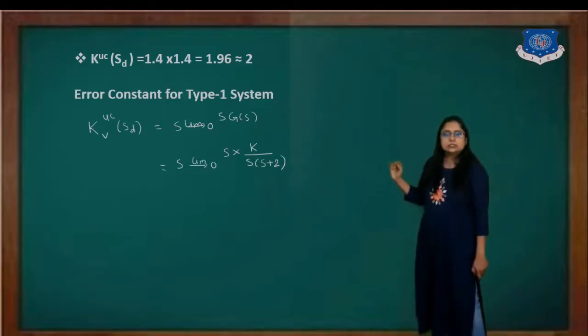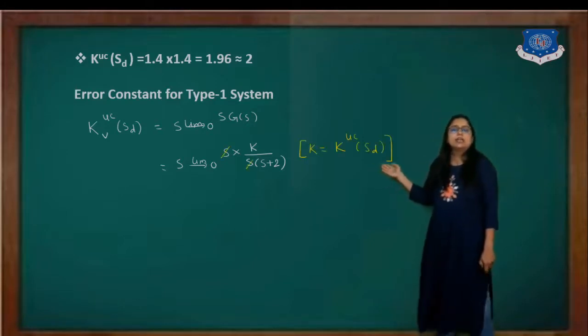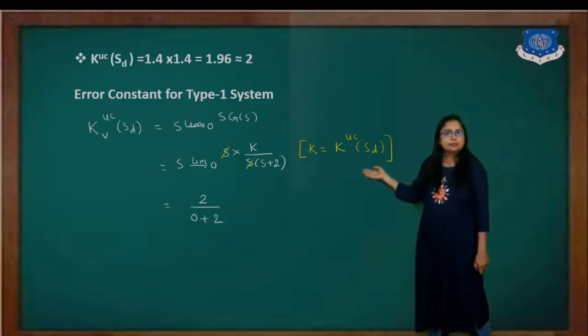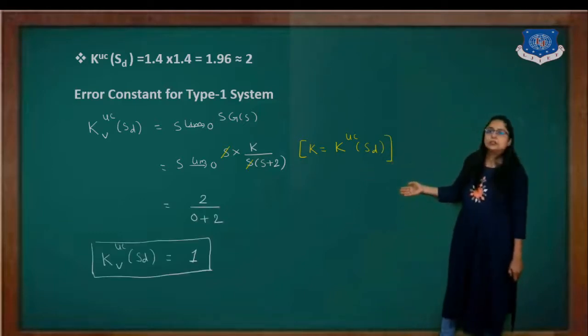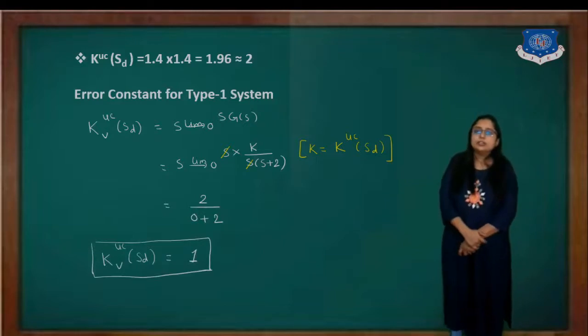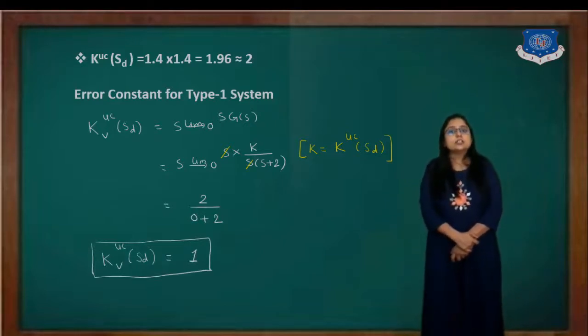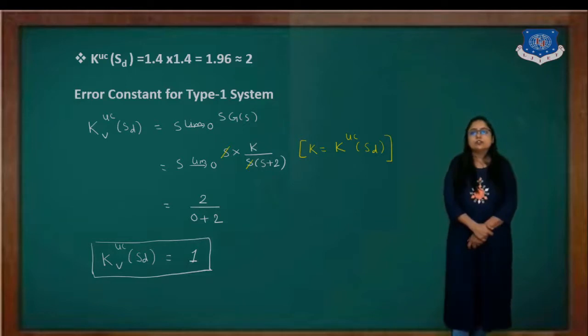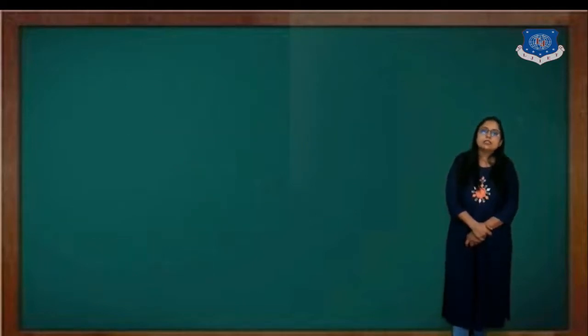Now S cancels, and if you substitute S equal to 0 and K equal to KUC at SD, this is 2 divided by 2. So here we will get KV, the error velocity constant of the uncompensated system at the point SD, equal to 1. Now next step is what?